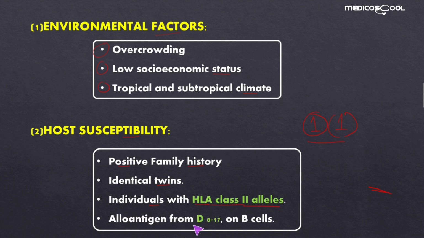And the fourth factor is individuals who have alloantigen from D8 to D17 on the B cells. For example, this is the B cell. This B cell contains alloantigens, and when these alloantigens are from D8 to D17, these individuals are much more susceptible to acute rheumatic fever.